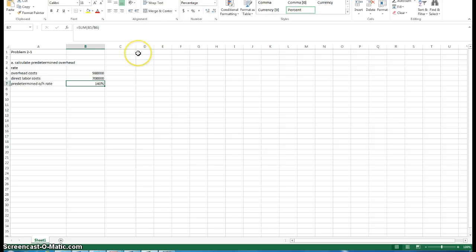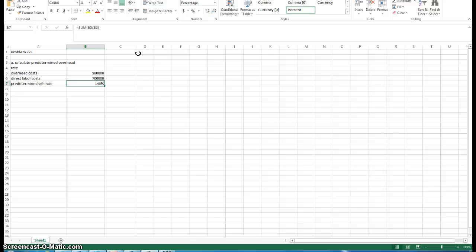Another way of viewing that is our overhead rate is 140% of our direct labor costs. Another way to look at that is for every dollar in direct labor costs, we're going to have $1.40 as our predetermined overhead rate of the manufacturing overhead costs. So to answer that first question, basically 140% is the predetermined overhead rate based on direct labor costs.